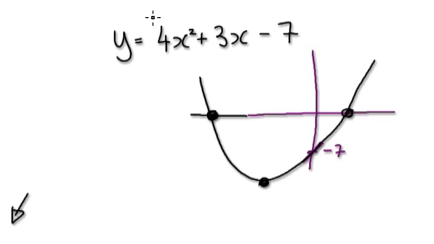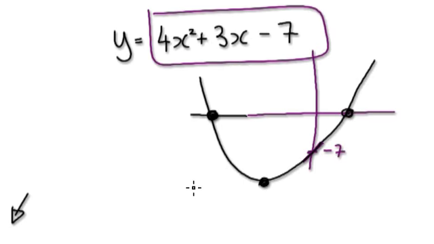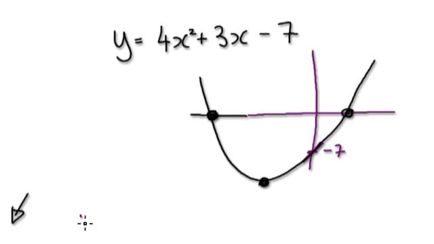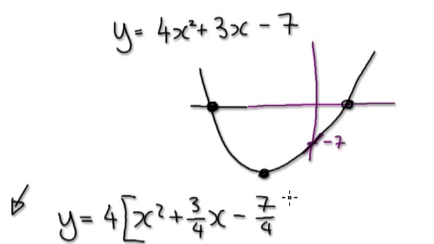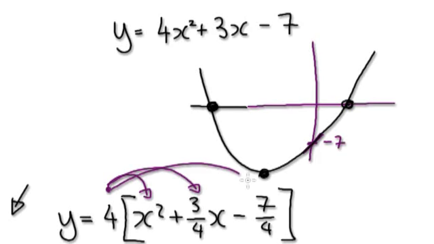So rewrite this as y equals 4 bracket x squared plus 3 over 4x minus 7 over 4. When you multiply this out, it will be the same as the above.